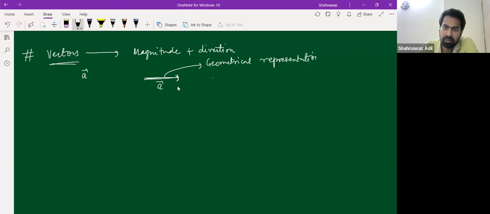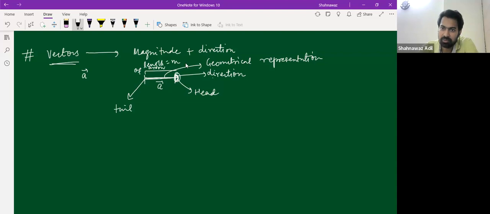And this arrow has two parts. One is this head, and this one is this tail, right? So this arrow represents direction. The head of this arrow represents the direction, and the length represents the magnitude. The length of the arrow represents the magnitude.